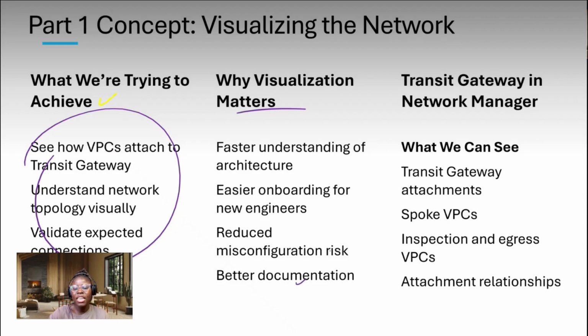So we are getting better documentation in that case. And as I mentioned before, the Network Manager does not change or manage any routing. It just shows you how your routing is organized. You're going to see your attachments, your VPCs, and the relationships between them. So let's take a look at that and see how it works.